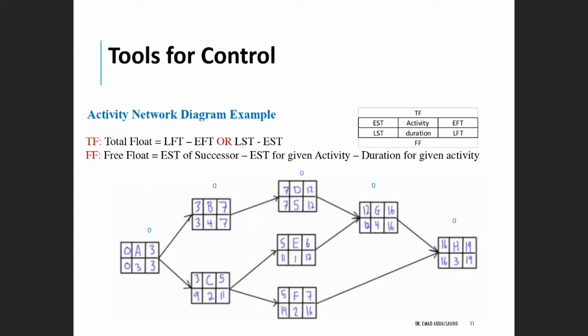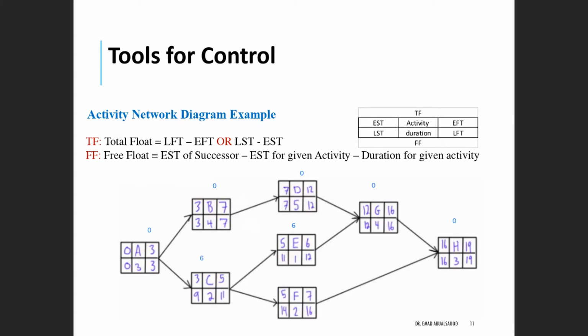For activity E, you have 12 minus 6, which will give you 6, and 11 minus 5 or 9 minus 3, either one of them, it will give you 6 also.